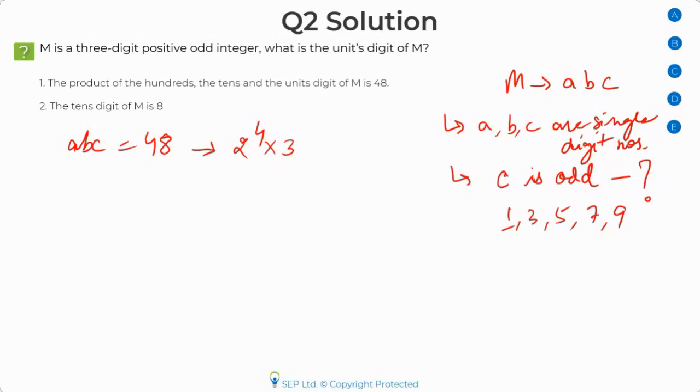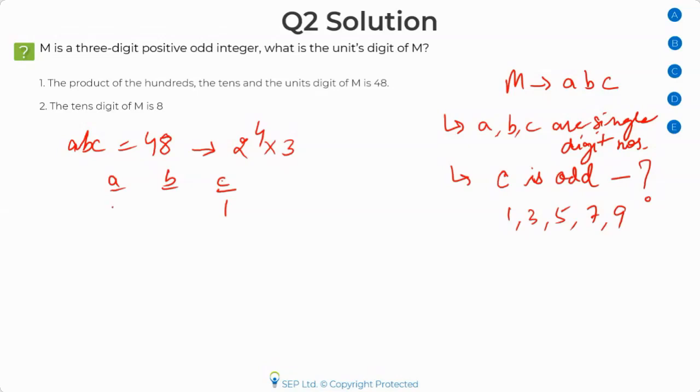But you have to understand in this case that there are two possible values of C, 1 and 3. But let's see if it is possible or not. Let me write A, B, and C over here. I would start by taking C as 1. Then I have to distribute 2 to the power 4 and 3 between A and B. There can be multiple ways of doing that.